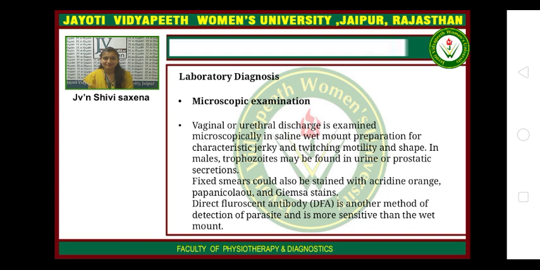Culture. Culture is suggested when direct microscopy is negative and is considered the gold standard, also the most sensitive, 95%, method for the diagnosis of Trichomonas vaginalis infection. It grows best at 35 to 37 degrees Celsius under anaerobic conditions.